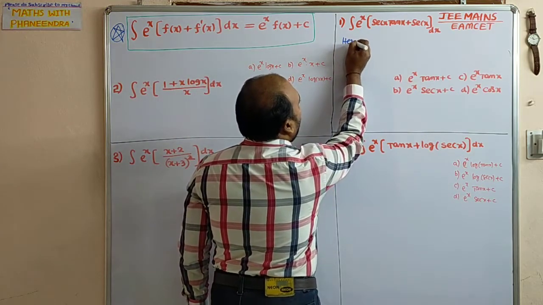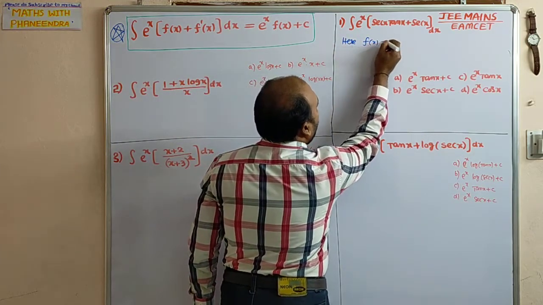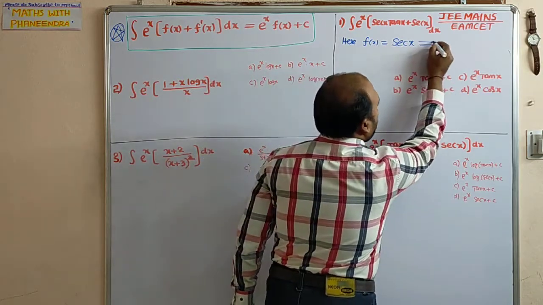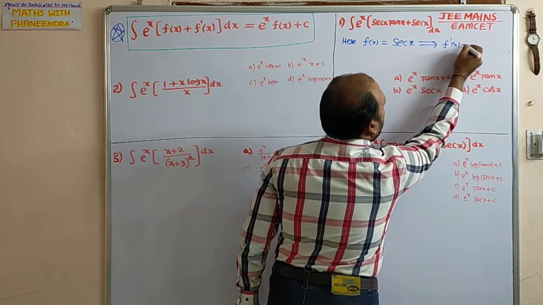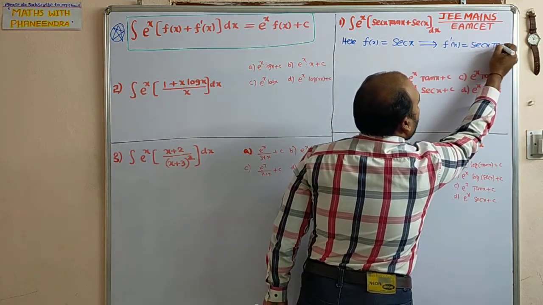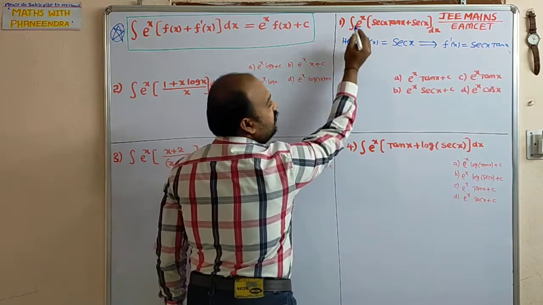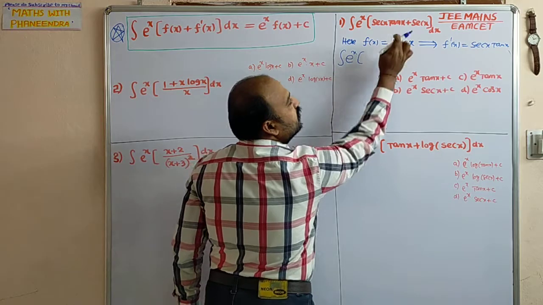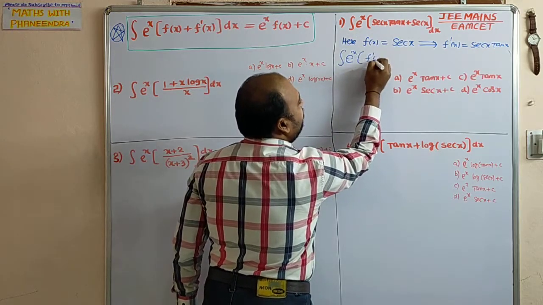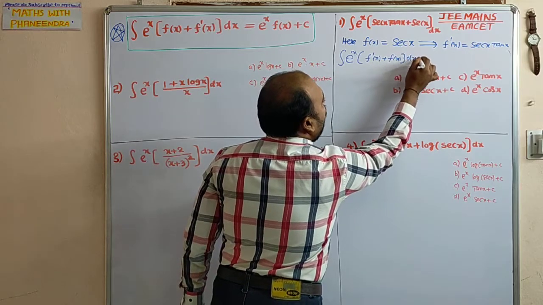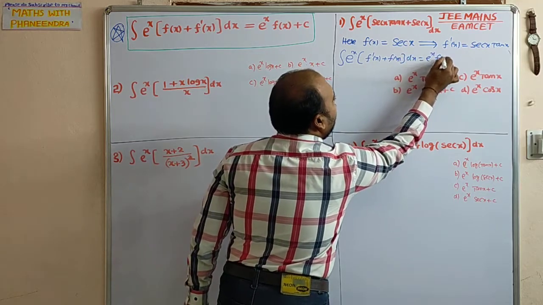Here, if you take f of x as secant x, then f dash of x is equal to d by dx of secant x, which is secant x tan x. So now this given integral becomes integral e power x into, this is f dash of x plus this is f of x, into dx, which is equal to e power x into f of x plus c.